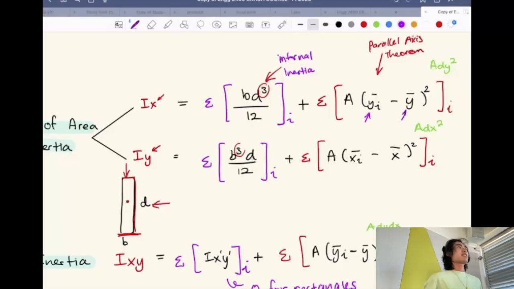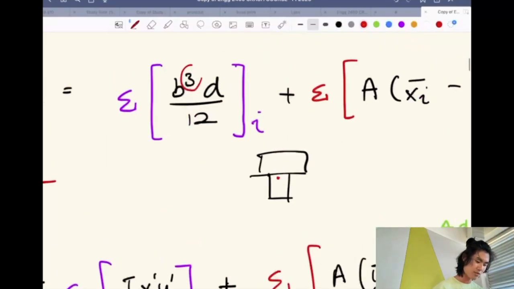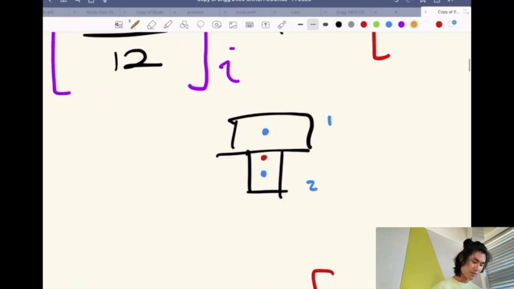So basically, if you have a shape that is, let's say, a T-beam, then the centroid will roughly be closer to the flange. Shape 1 and shape 2 are going to have individual centroids, right? You're still rotating, your moment of inertia is still around this point.